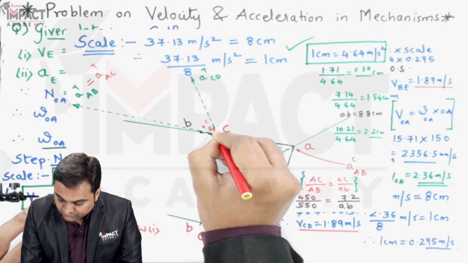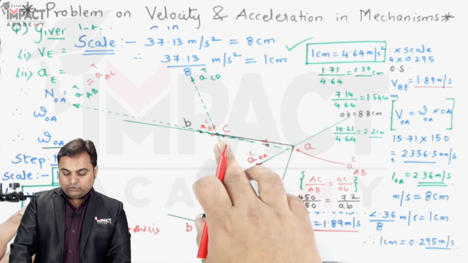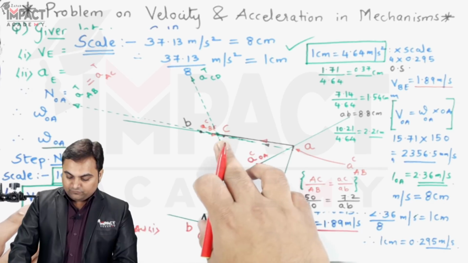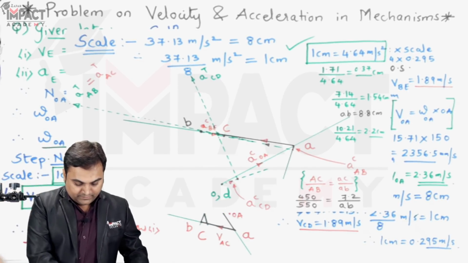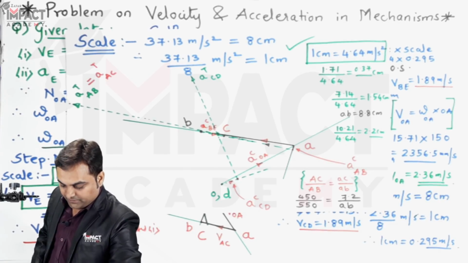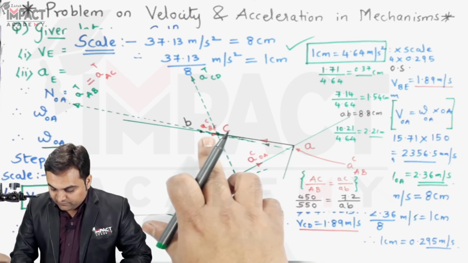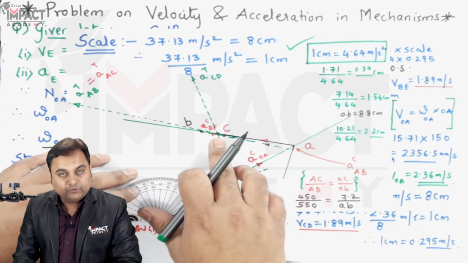Centripetal acceleration for BE. Now the tangential acceleration, we don't know the value, but it would be perpendicular to the centripetal acceleration. So just drawing a light perpendicular line through this point C, which I have taken as 2.2 centimeter.